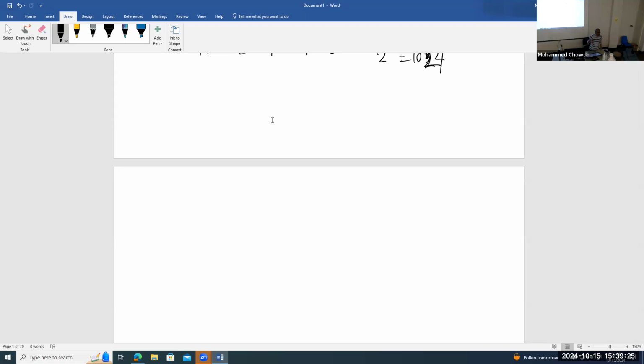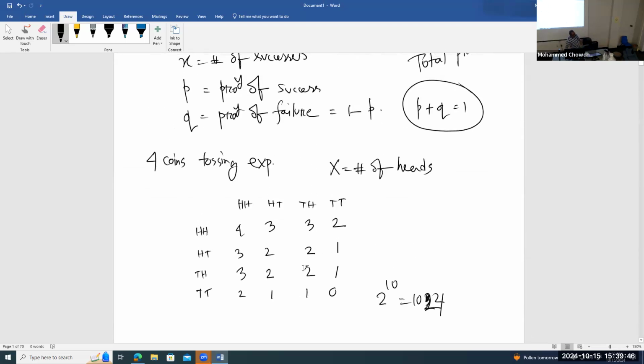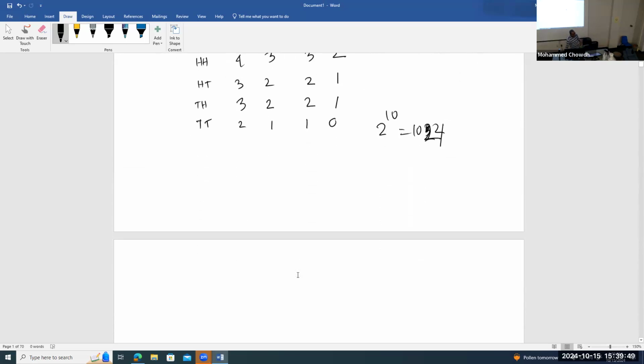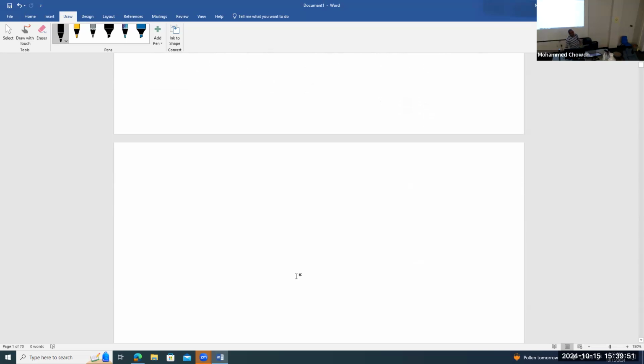So you understand when binomial distribution is appropriate. I gave you a small scale example for coin tossing, which we can easily do by constructing the sample space and counting the sample points and then finding the probability: exactly 3 heads, exactly 4 heads, exactly 2 heads, at least 1 head, at least 3 heads. But if we have a very large number of trials, we cannot do these things. In that case, we have to use a formula known as the binomial formula.